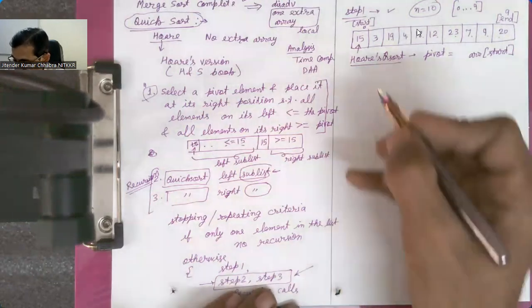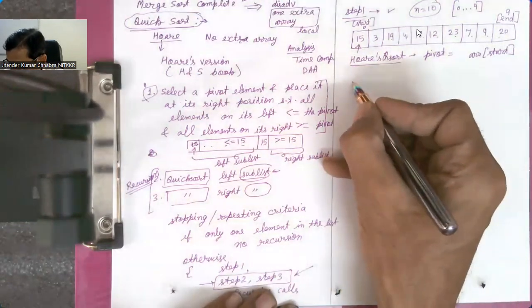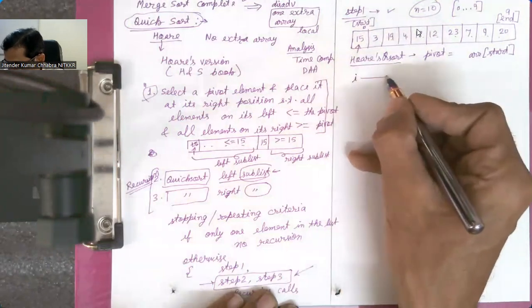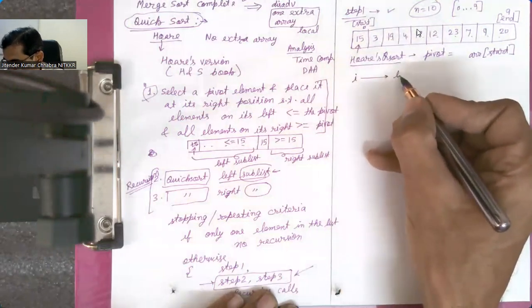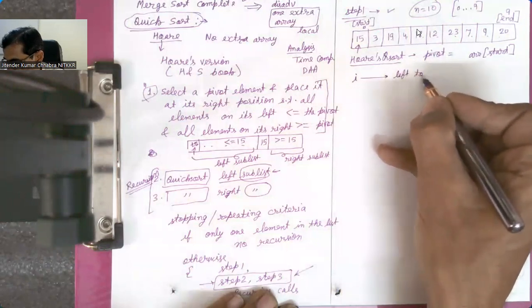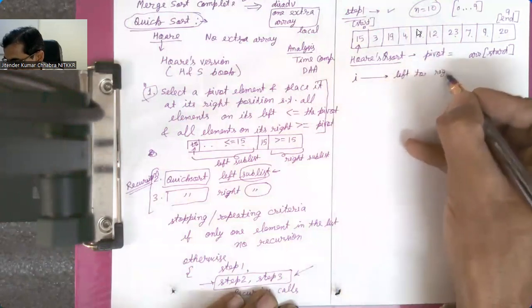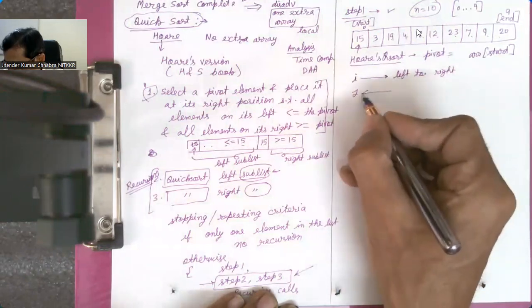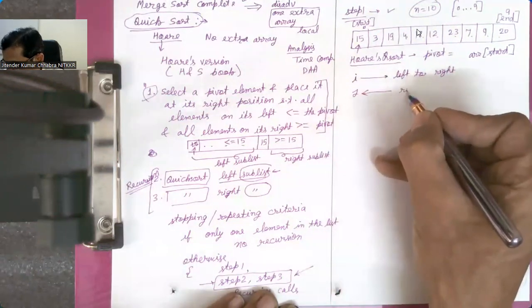So what Hoare said, that now I will have one index I taken which will go left to right for keeping the left sublist, and J will go in the reverse direction. J will grow right to left.